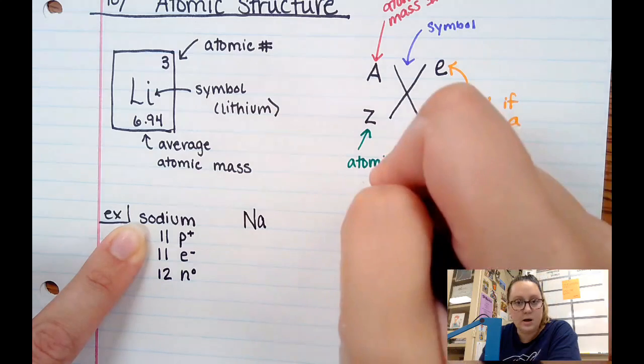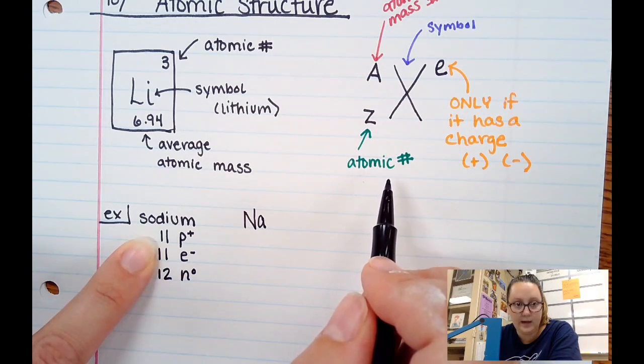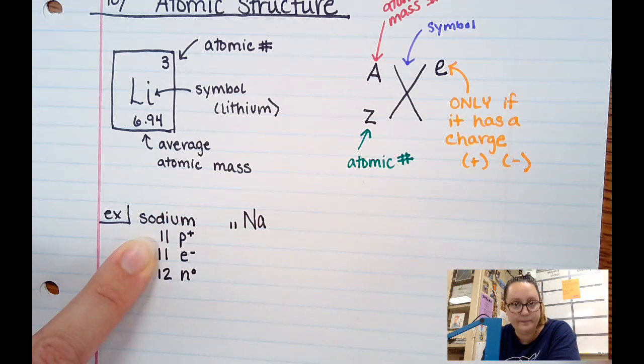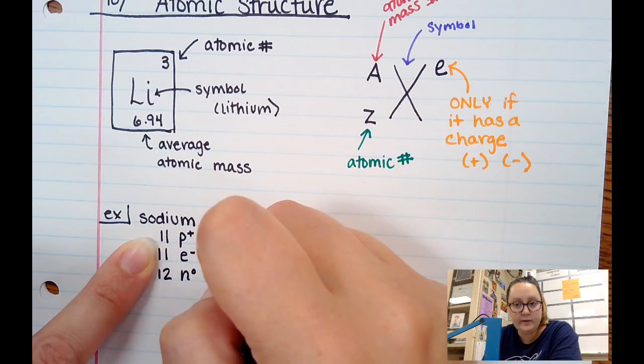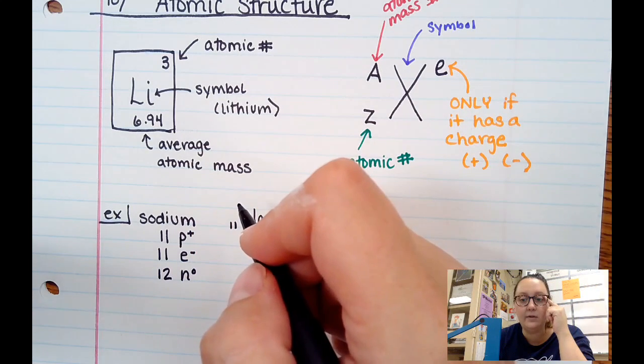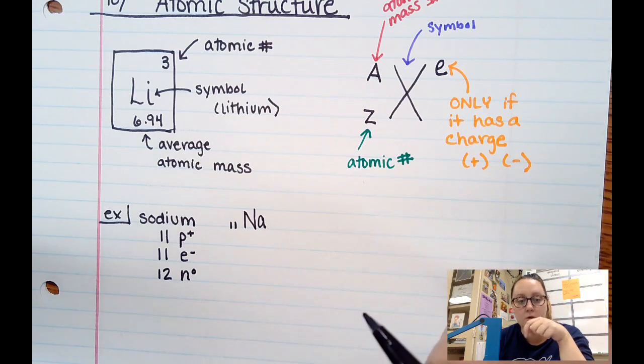Then the atomic number is always how many protons you have. So this atomic number is 11. And 99.9% of the mass comes from the nucleus. And we know that the nucleus is protons and neutrons.